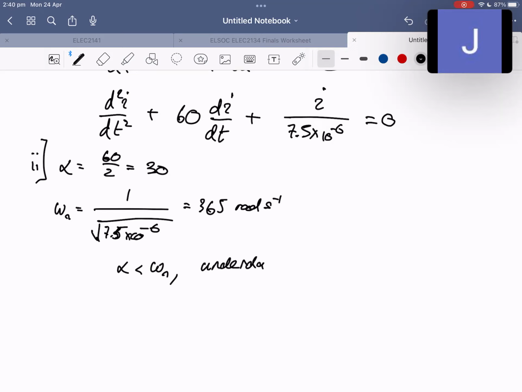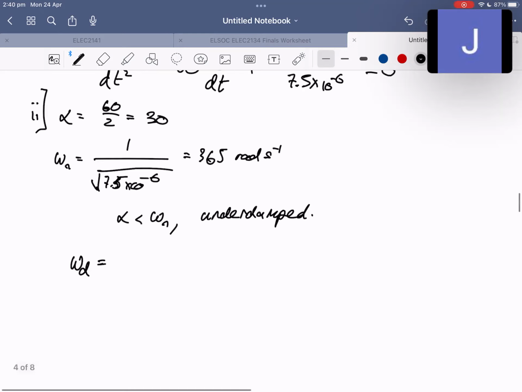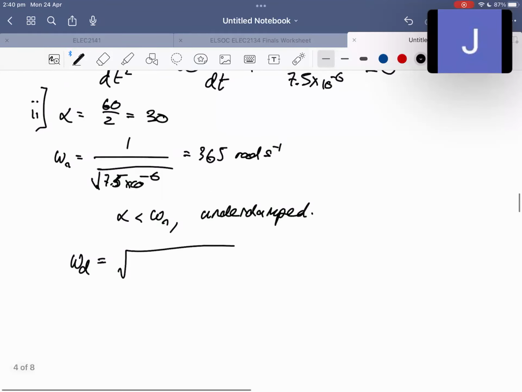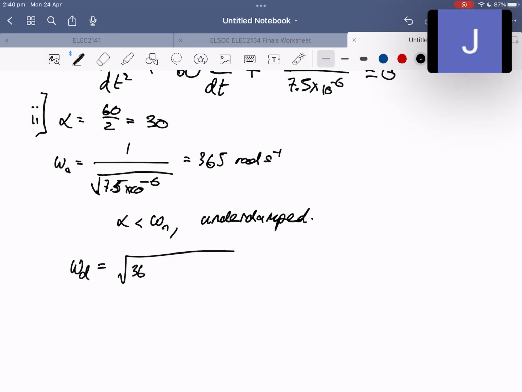Underdamped means we have a damped frequency, omega d, which is the square root of 365 squared minus 30 squared, about 363.7 or 363.8.